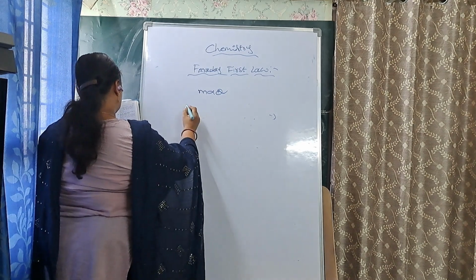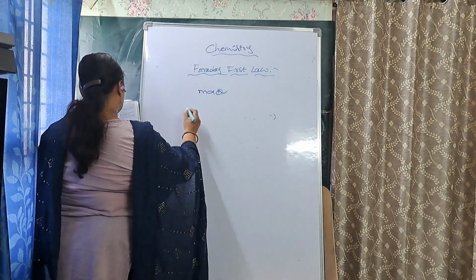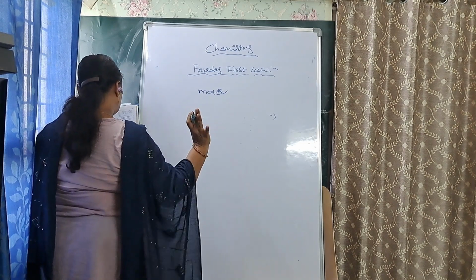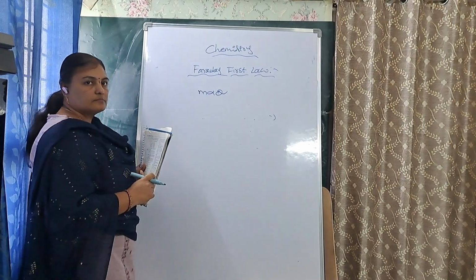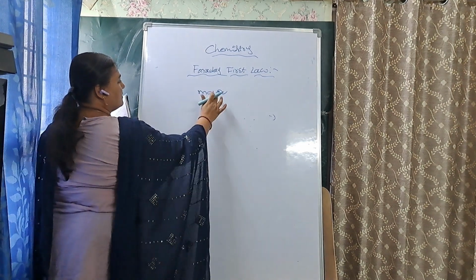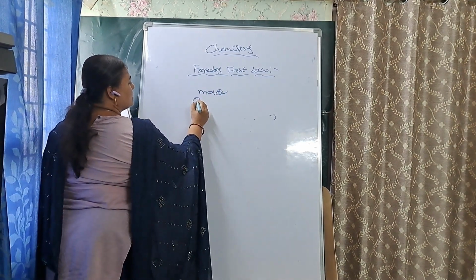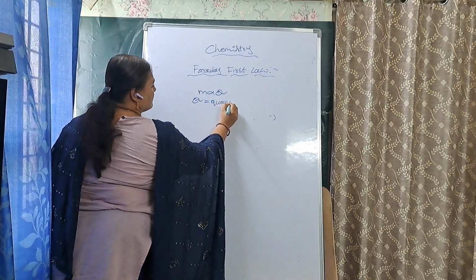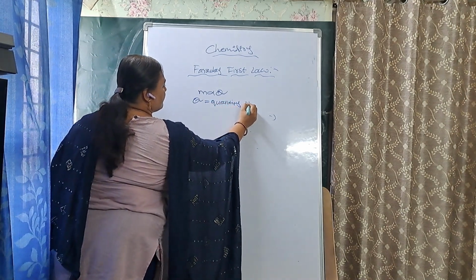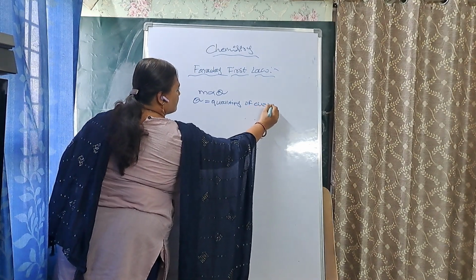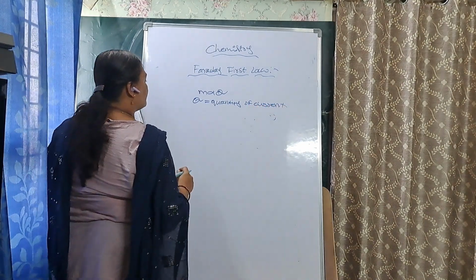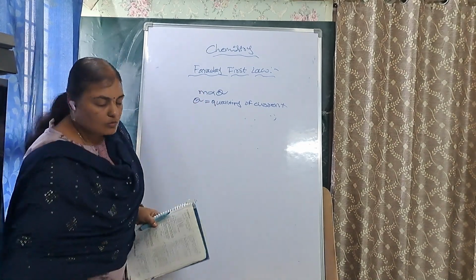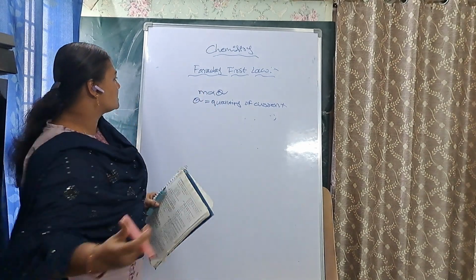So M is directly proportional to Q, where Q is the quantity of current. This is Faraday's first law.